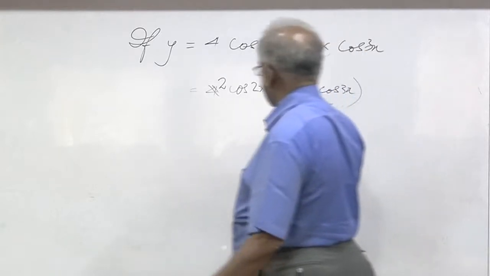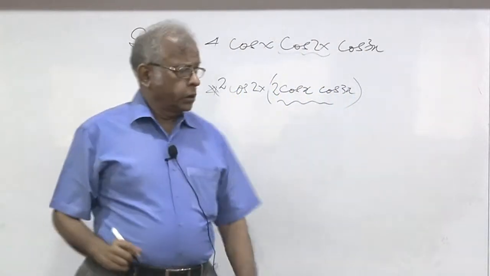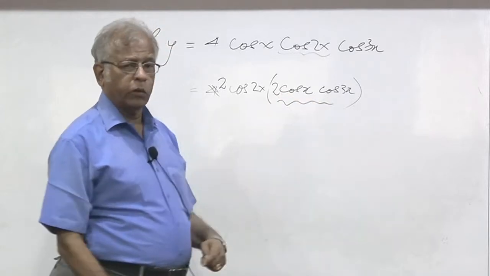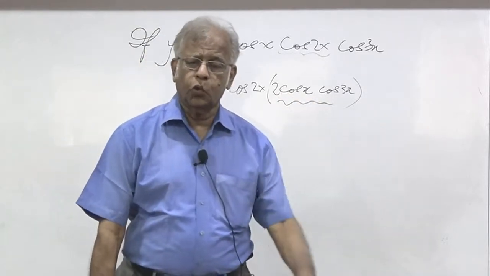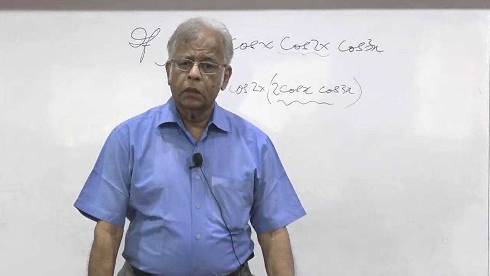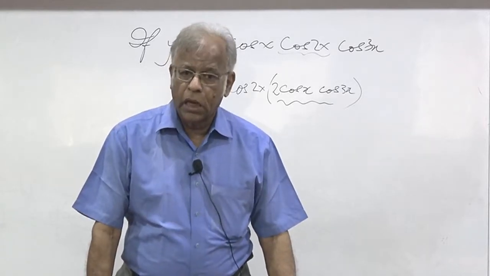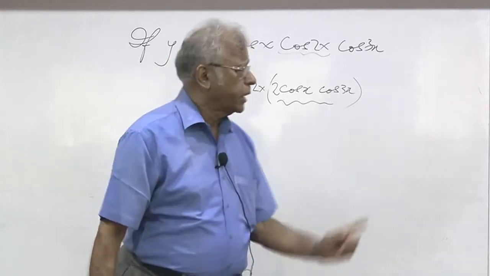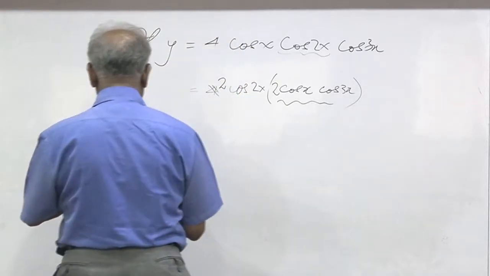Now, the inner bracket term is 2 cos alpha cos beta, and we know that 2 cos alpha cos beta is nothing but cos (alpha plus beta) plus cos (alpha minus beta).